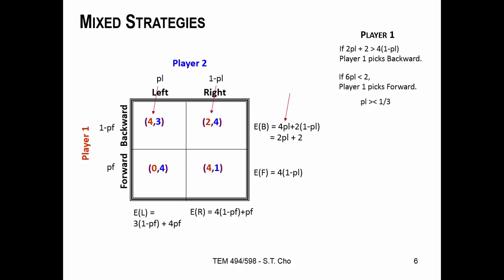You do the same calculation for the columns to get the expected value of left or right. So what I've shown is that if EB is greater than EF, then I'm going to go backwards. If EF is greater than EB, then I'm going to go forwards.